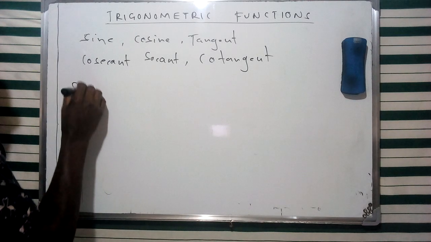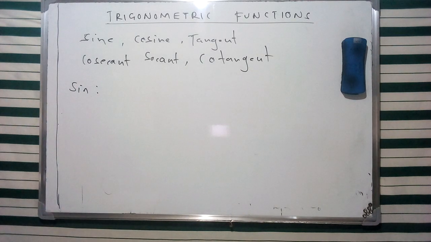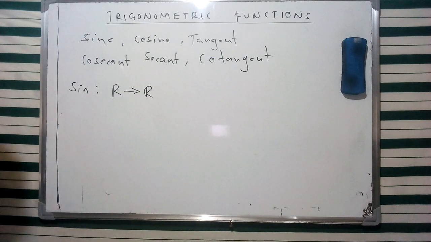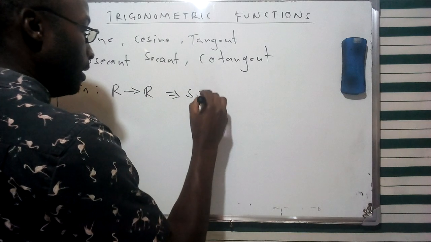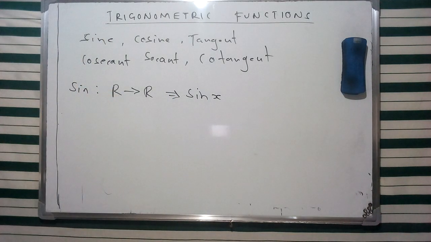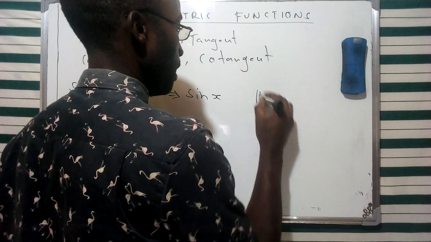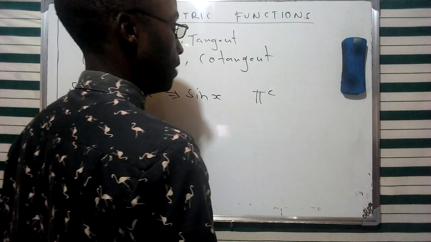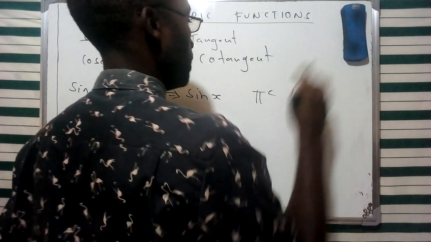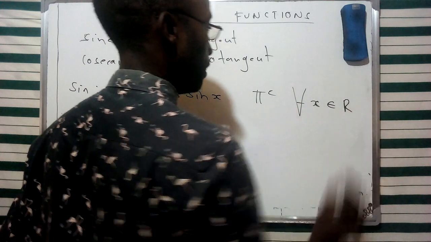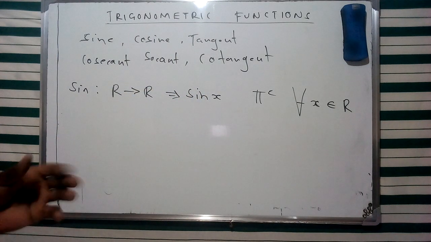So we're going to start with the function of sine. The sine is going to represent a set of real numbers that can be defined as the sine of x. And this sine of x is going to present an angle measure of x in terms of radians, whereby this set R is going to consist of all x values formed by a set of real numbers.